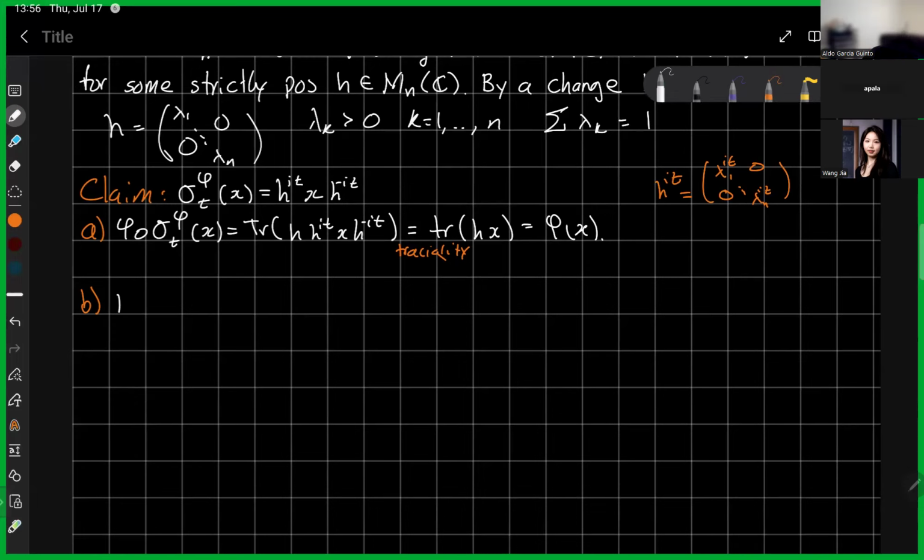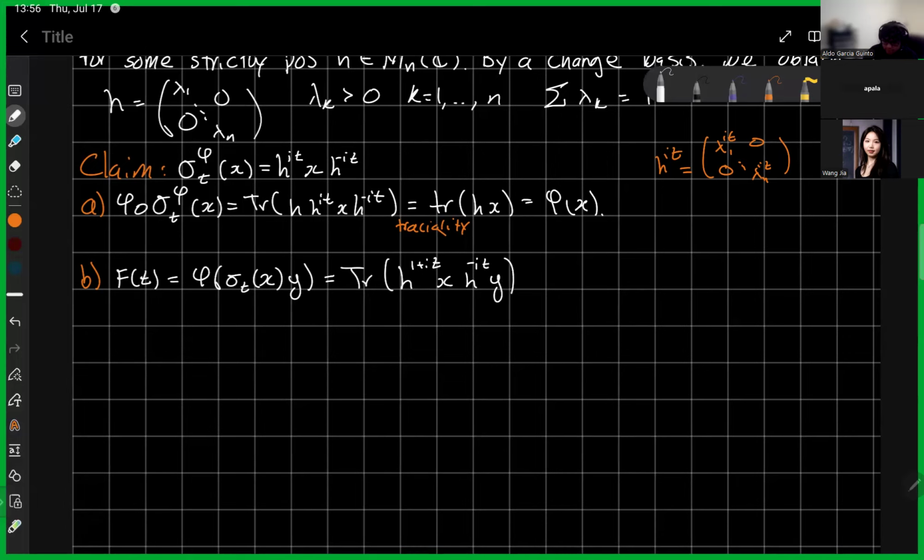Because we need f of t to satisfy phi composed with sigma t of x, y, it follows that this is the same thing as having, and I'm just writing the whole equation down, the trace of H^(1+it) x H^(-it) y. Because all of these numbers are finite and there's not an infinite sum, the function that we need to look at is f of c equal to the trace of H^(1+ic) x H^(-ic), where c is a complex number.